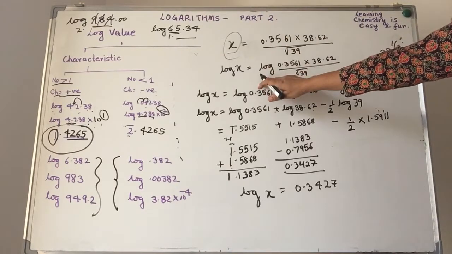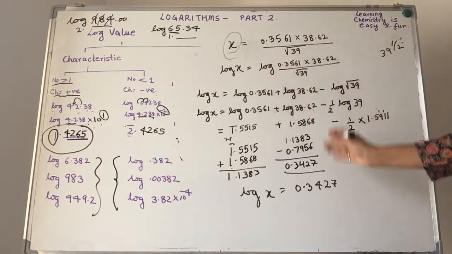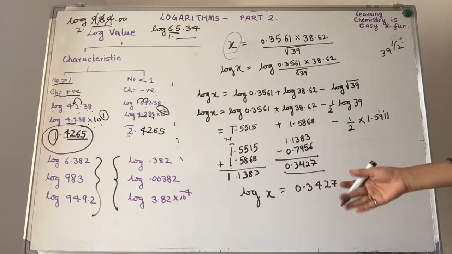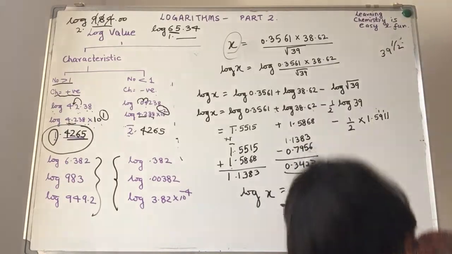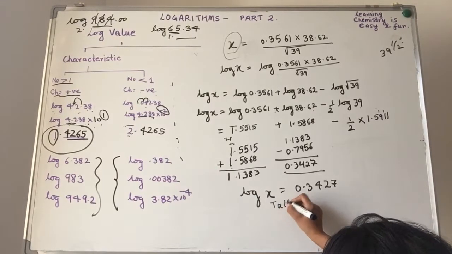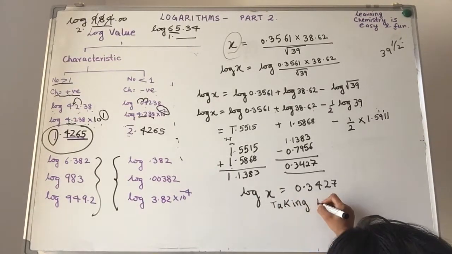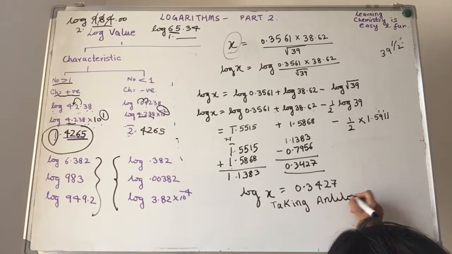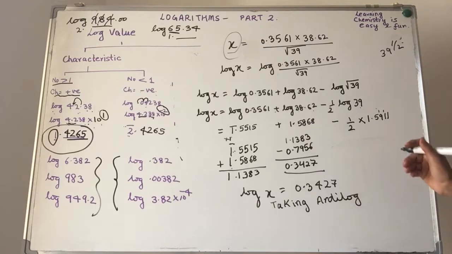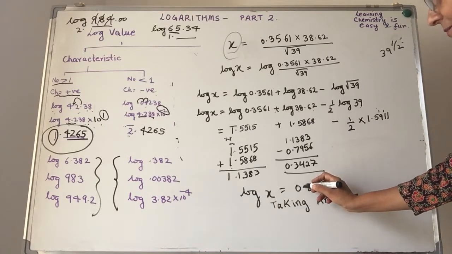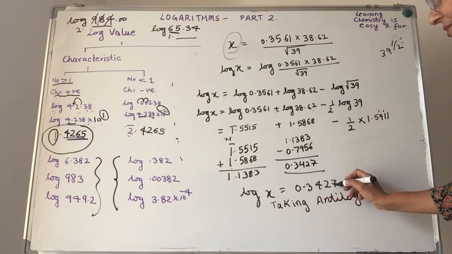Then we took logarithm. So what do we do in order to find x? Yeah, simple. Take antilog. So we write over here, taking antilog. Now you will see the anti-logarithm table in the same logarithmic tables that you have. If you see your anti-log tables, they start with a decimal number. So 0.3427.